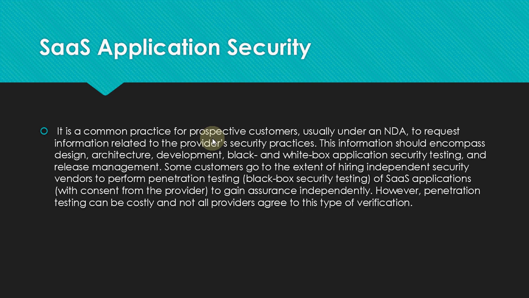They go beyond the CSP, meaning they don't rely on the CSP. With due permissions, they apply certain testing like black box testing and white box testing. With the help of this testing, if your cloud service provider gives you permission, you may secure your SaaS application.